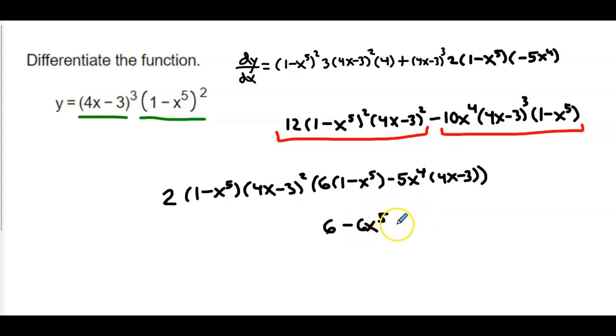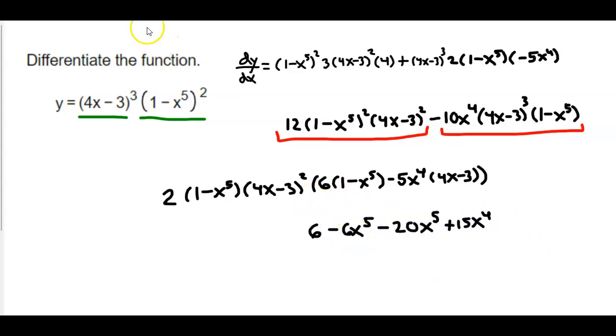Then we've got a negative 5 to distribute in with this 4, so that gives us negative 20. x to the fourth times x is x to the fifth. And then negative 5 times negative 3 is positive 15 x to the fourth.